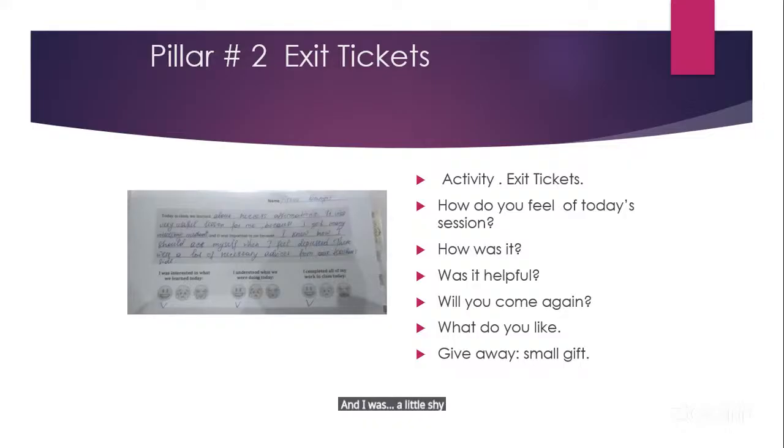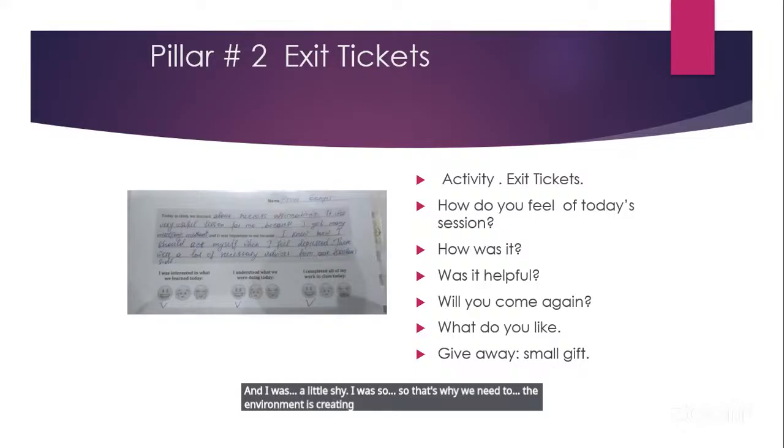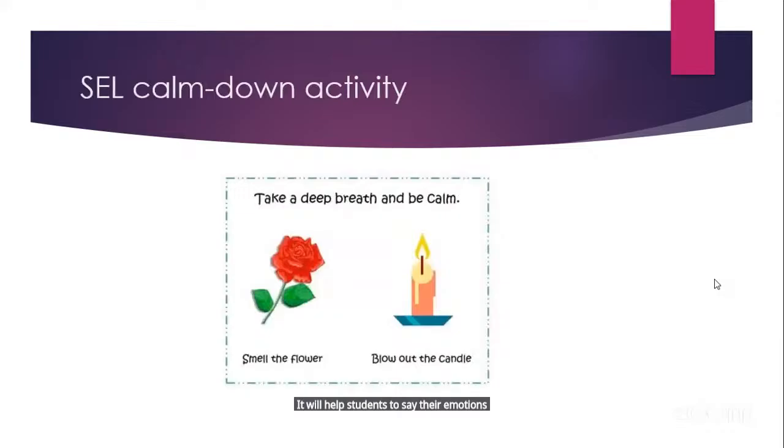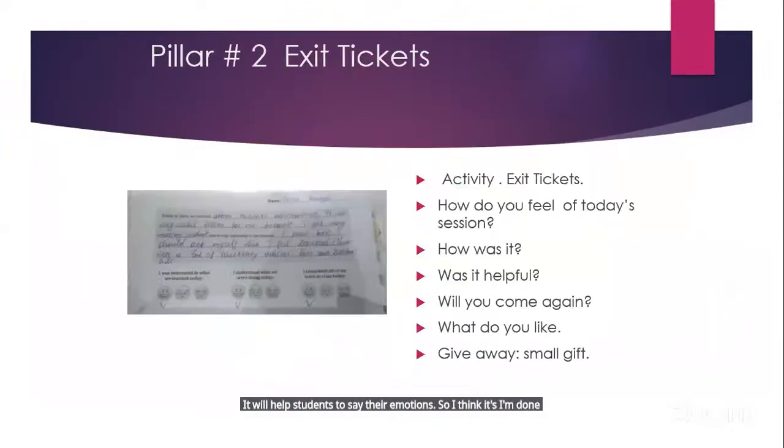That's why creating a safe environment is very important, where they will feel without any fear or shyness to say their emotions. So I like exit tickets very much. It will help students to say their emotions. So I think I'm done. Yeah, thank you very much.